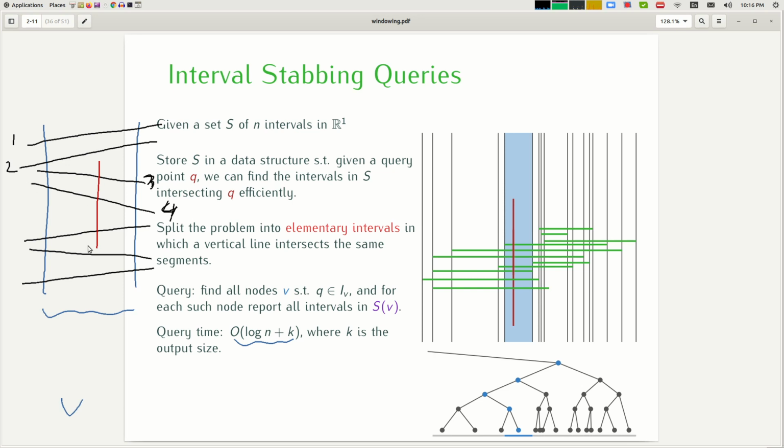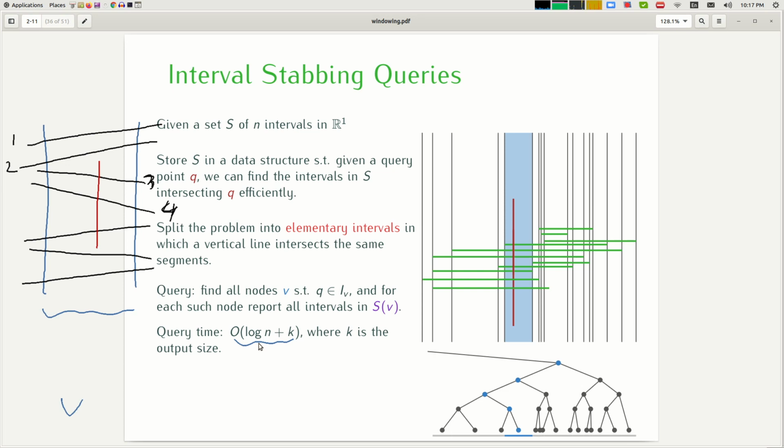If the query is completely above or below this middle line segment, then I can just recurse above or below. If it intersects, then I report this, and then I recurse above and below. That's basically the query. That will easily give me log n plus k, because I have either a recursion or I produce an output. So that gives me log n plus k query time.